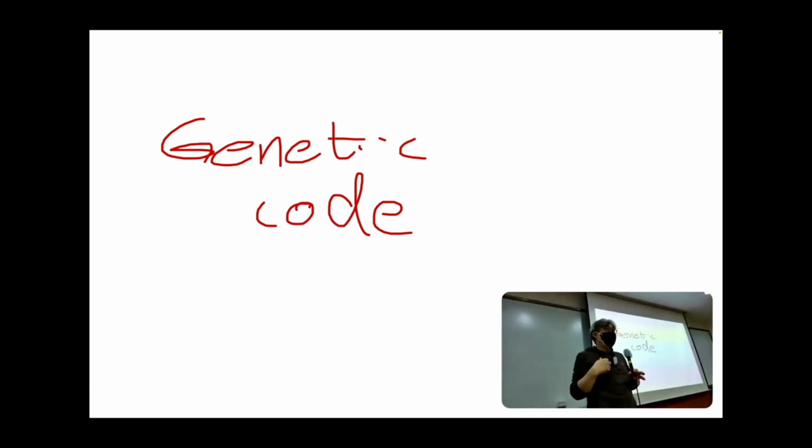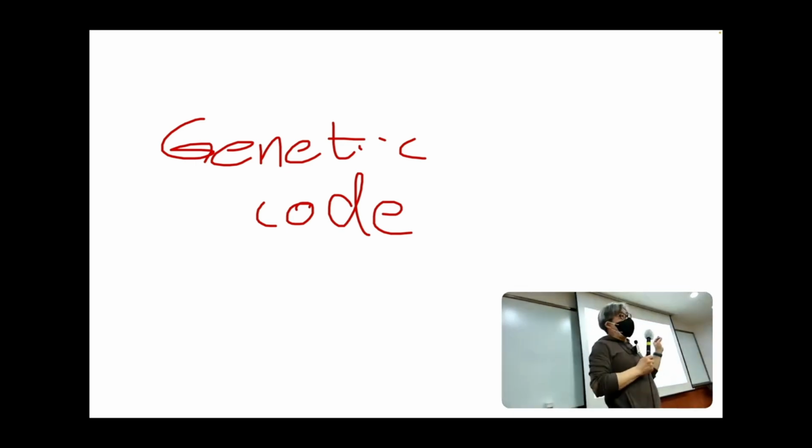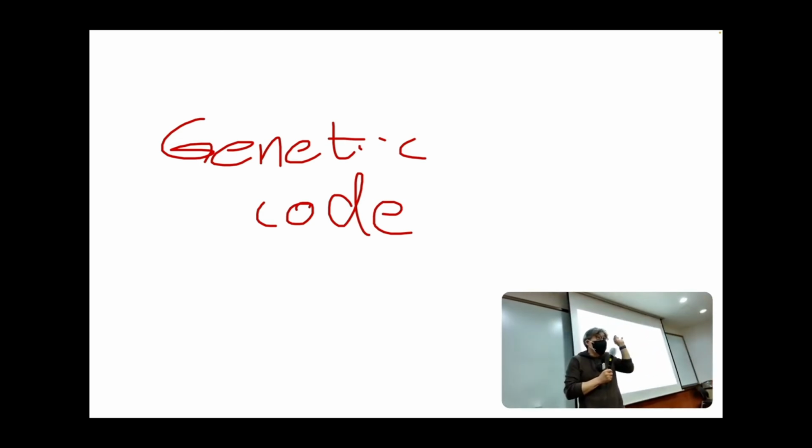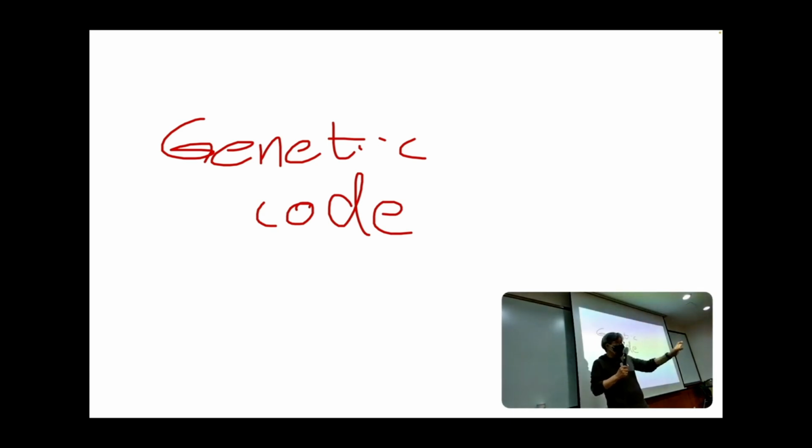Let's say you have one particular protein made of 50 amino acids. Then how do you make that protein? You are given a choice of picking 50 amino acids in sequence in a row, and you have 20 different choices.